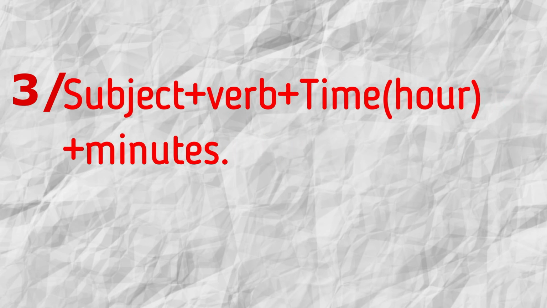This third type of sentence is when there are hours and minutes, but no past or to. This type is more informal than the other two. In this type of sentence, the minutes start from 1 minute and go to 60 minutes because there is no past or to.